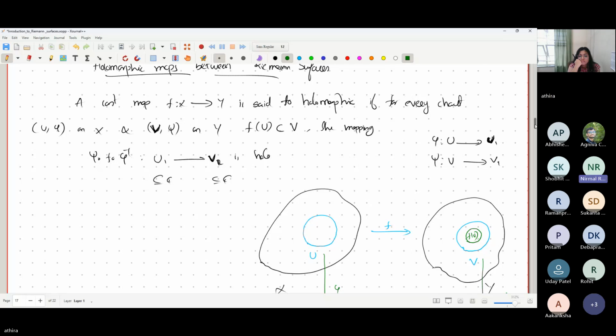Naturally, the way we define differentiability, or in particular holomorphicity, it implies continuity.